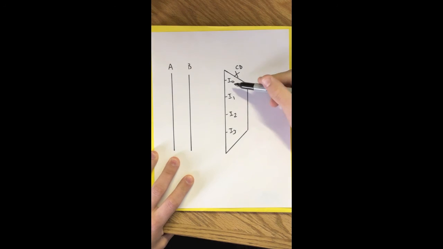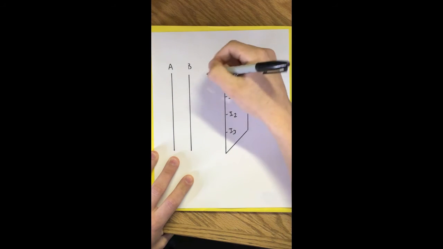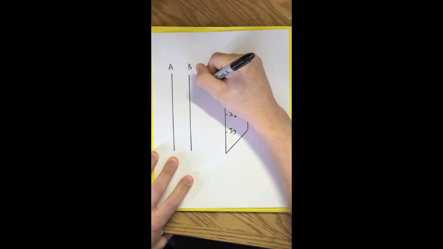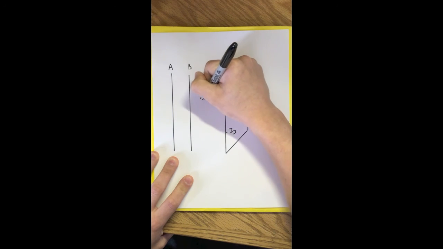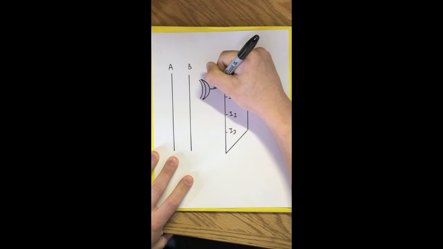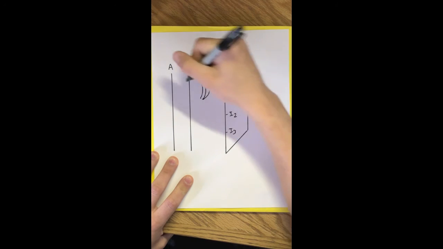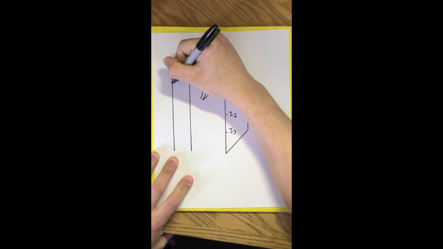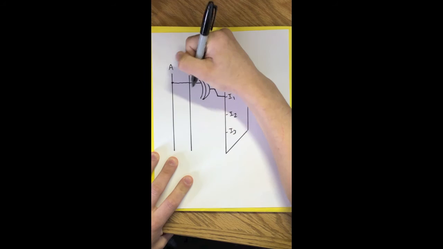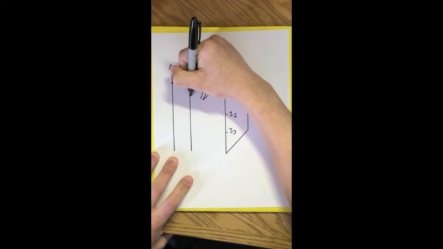Now, since I0 and I1 are represented by a XOR gate, we can just draw one single XOR gate and duplicate the output. Connect your A wire, and connect your B wire.